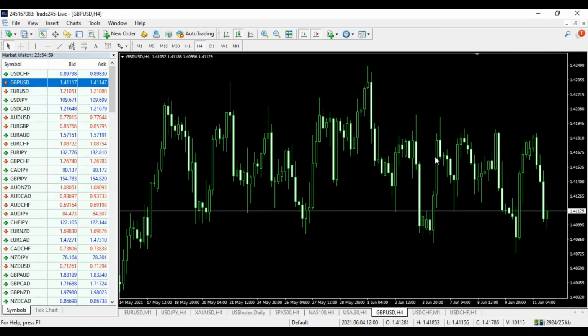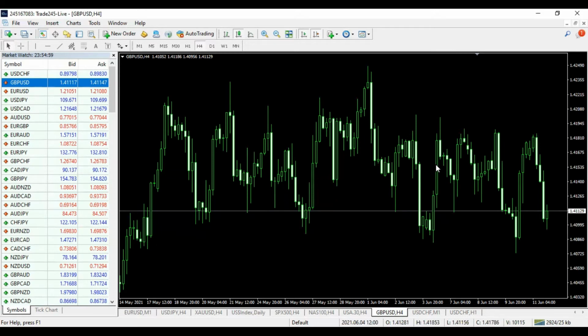They are strong, or they have control of the market over the sellers that are represented by the bearish candlesticks, which again mean that the Great British Pound, which is the base pair here, is weaker than the United States dollar. So that's how you can understand this candlestick flow.